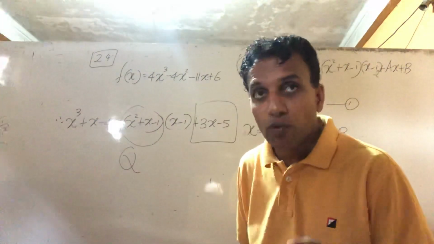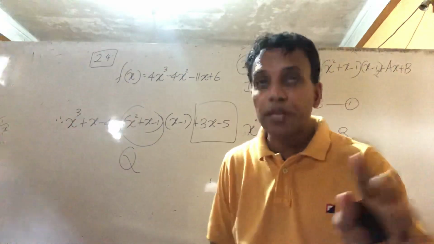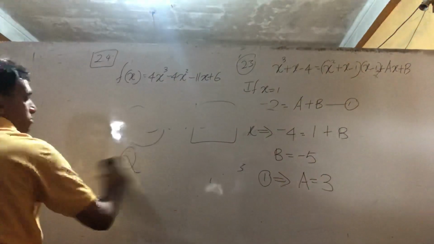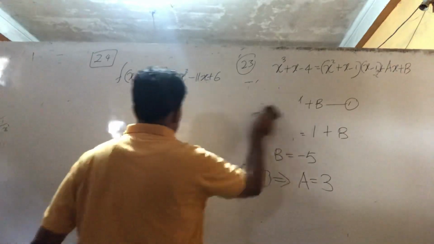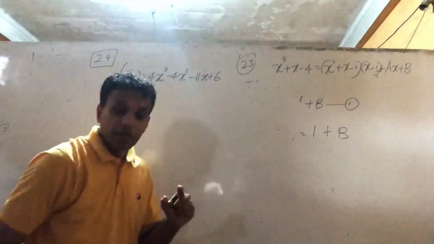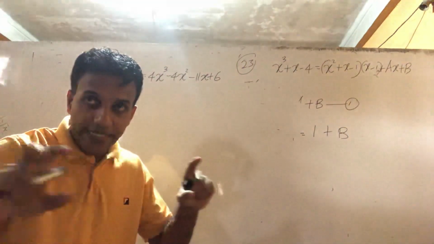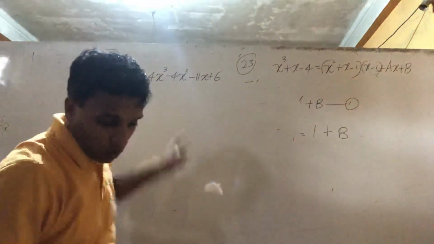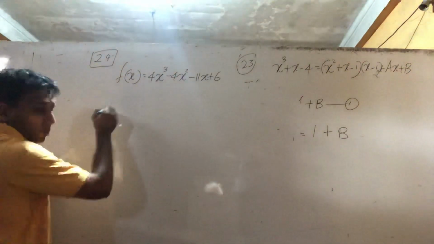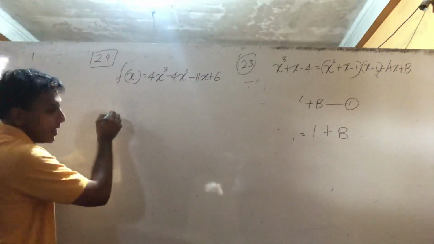This f(x) divided by x plus 1, what is the remainder? So complete it. Here we do not use long division or synthetic division; better to use the remainder theorem pattern, right? When this is divided by x plus 1, what is the remainder?